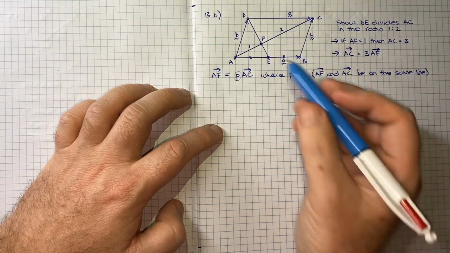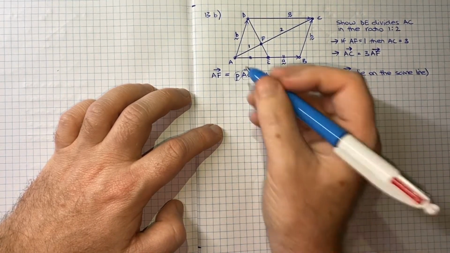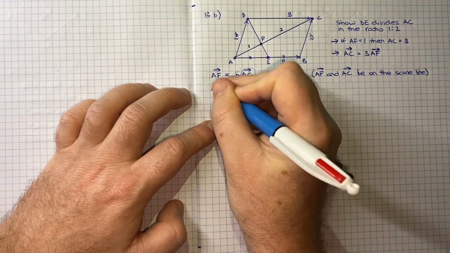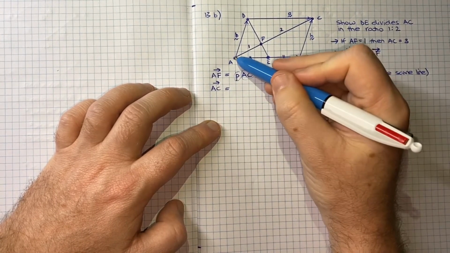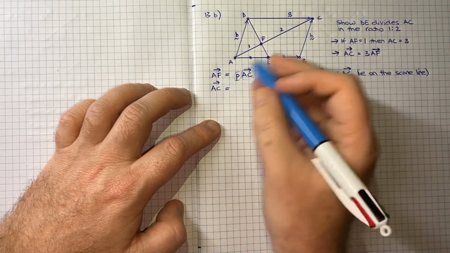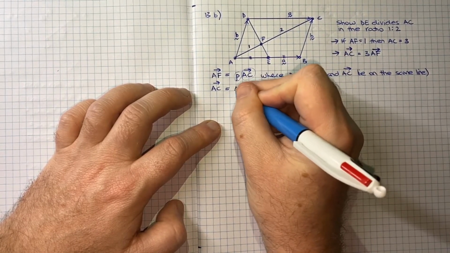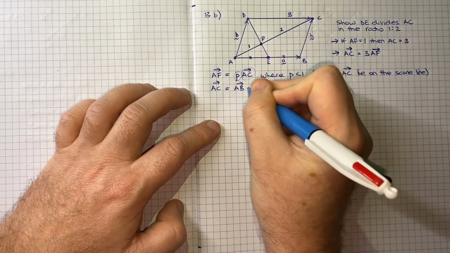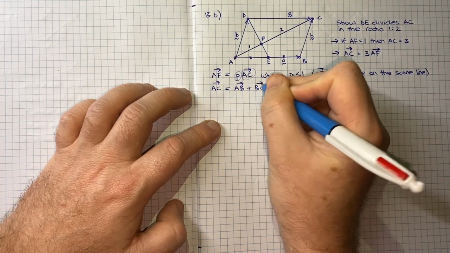It's worth noting that for the vector AC, if I want to get from A to C, I can go from A to B and B to C. So I can say vector AC is equal to vector AB plus vector BC.